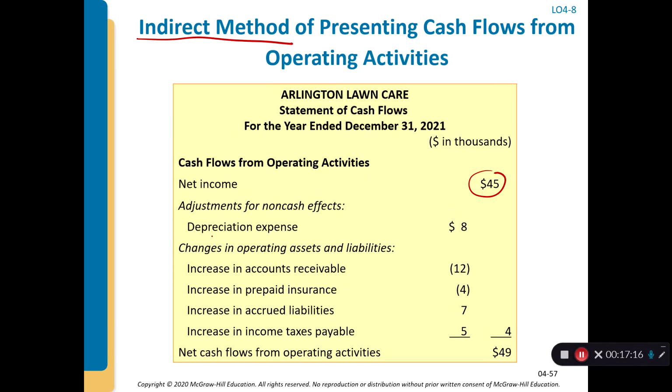and then we add back the non-cash expenses. And also we will minus the increase of accounts receivable. We will minus the increase in assets, which is prepaid expense. Oh, sorry. We were minus the increase in accounts receivable.